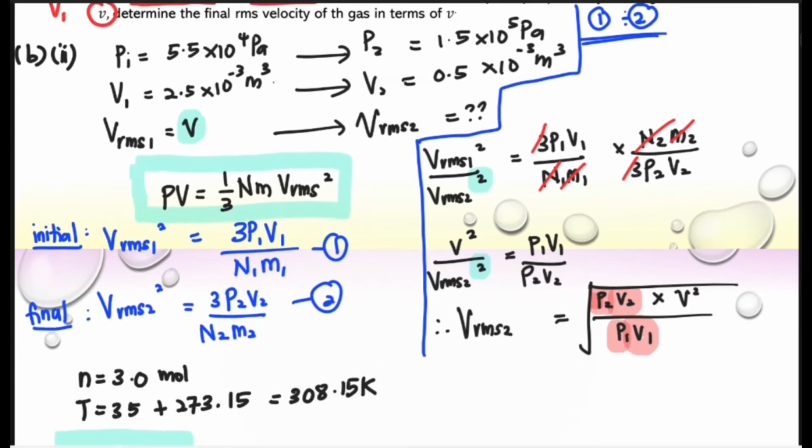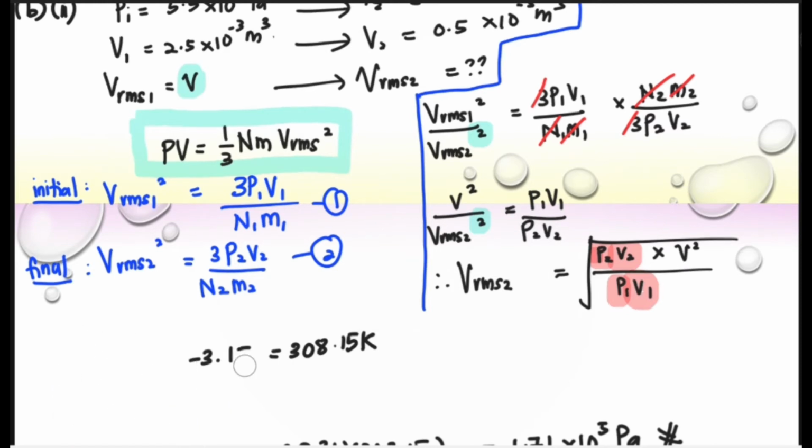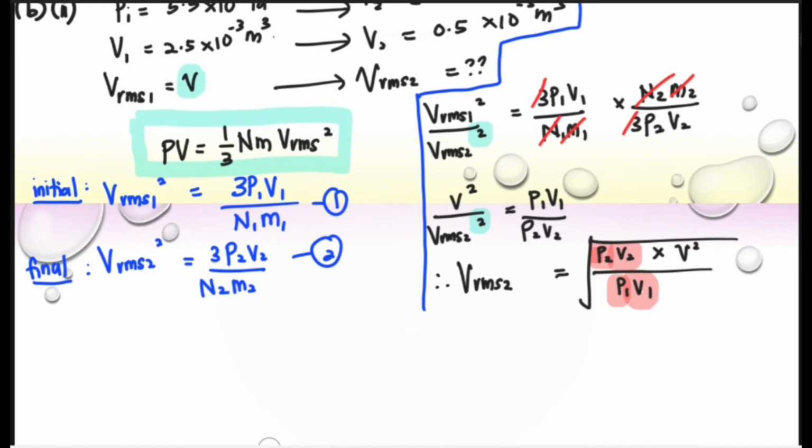Alright, so when we substitute, okay, so saya perlu padam ni soalan yang tadi tu. Tak muat saya padam, sorry. Okay, so dia akan jadi VRMS2 is equal to square root. So P2 kita berapa?